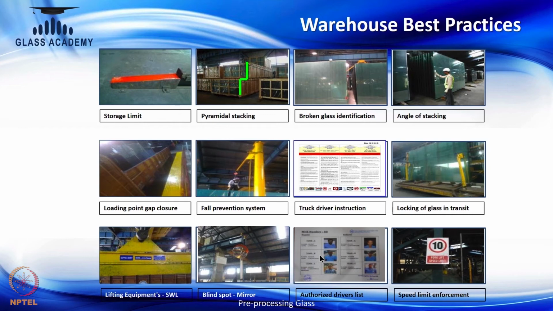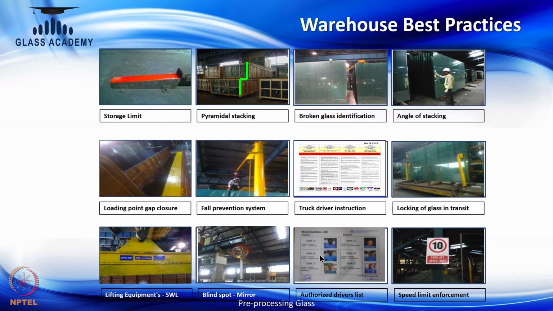And any lifting equipment that is used to handle glass should have the safe working load known and respected. There is also something called a blind spot in warehouses where you store glass, in between the glass where people or the forklift pass. There can be a lot of blind corners.